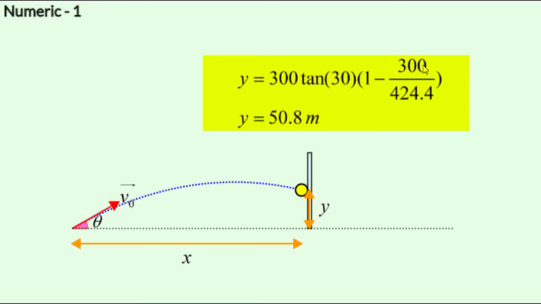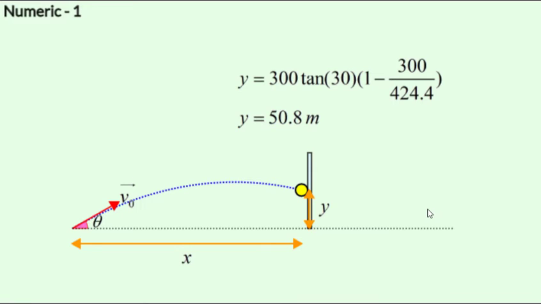And this is again x, which we were given as 300. And with this we obtain y as 50.8 meters. So this is the height at which the projectile strikes the building. Y is 50.8 meters. So this was an application where you can use the trajectory equation.